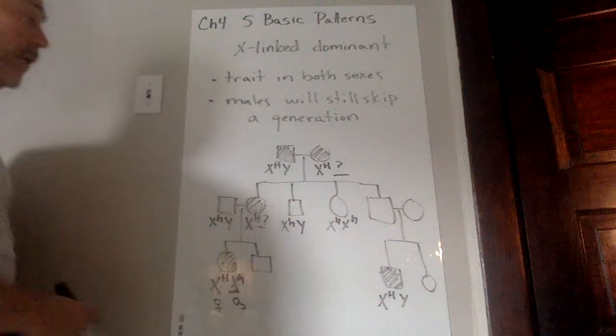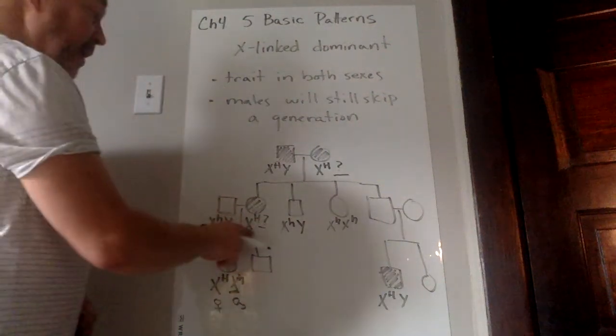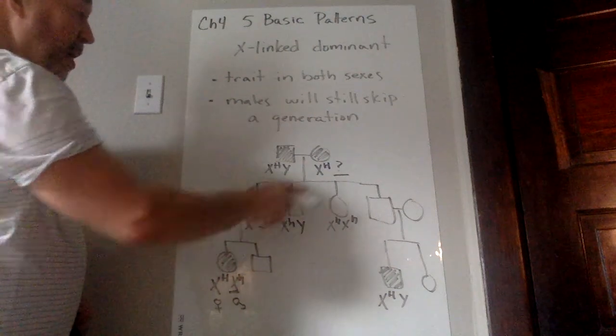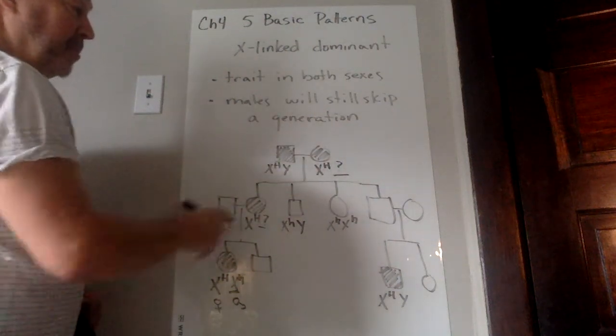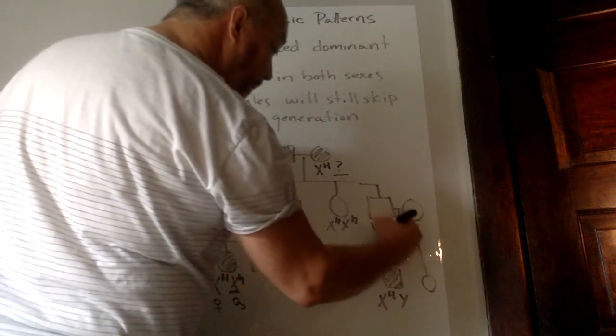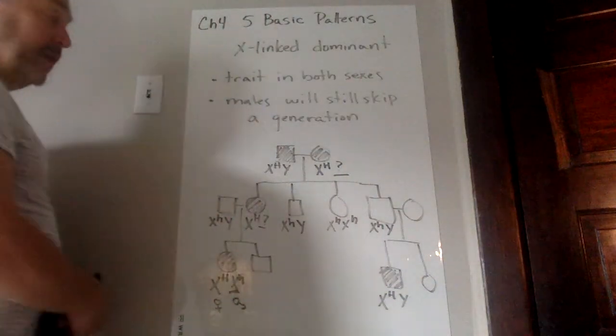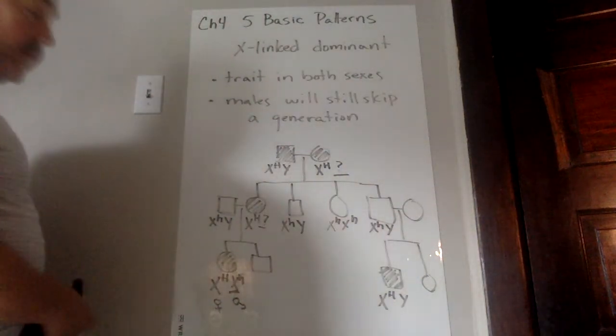We know mom has one dominant. Now, do we know what her second one is? Well, we don't, because they could have gotten a dominant one from either mom or dad. Mom could be heterozygous, so that one's still a little bit of a mystery. However, we know this one here, this individual, they don't have it, so they have a recessive trait.